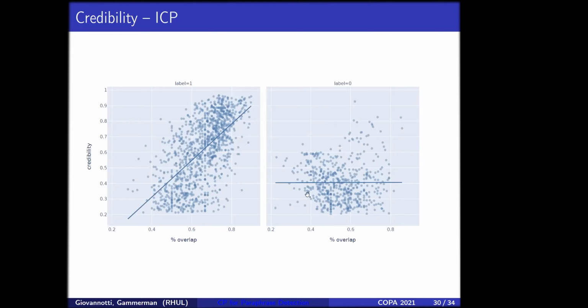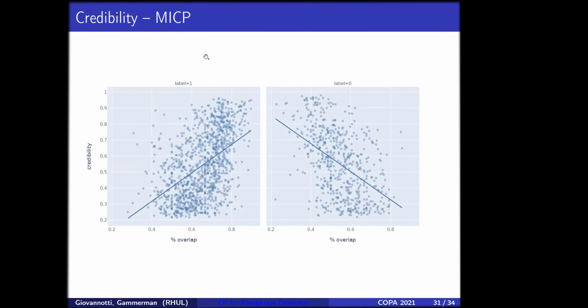So we wondered what if we use the Mondrian conformal predictor, which should be more sensitive to less popular labels. And when we use the Mondrian conformal predictor, we see that we still have a positive relationship between overlap and credibility, but we also get this negative association between credibility and overlap.